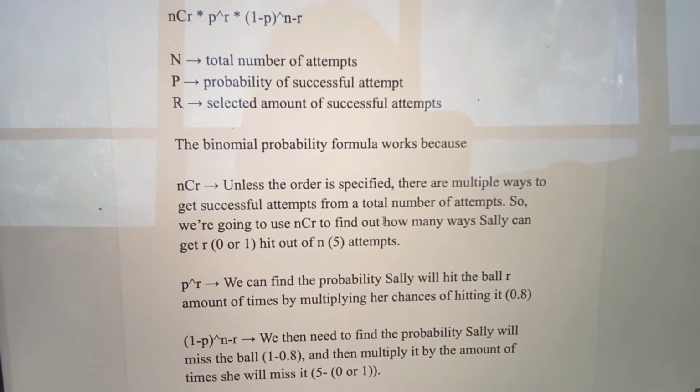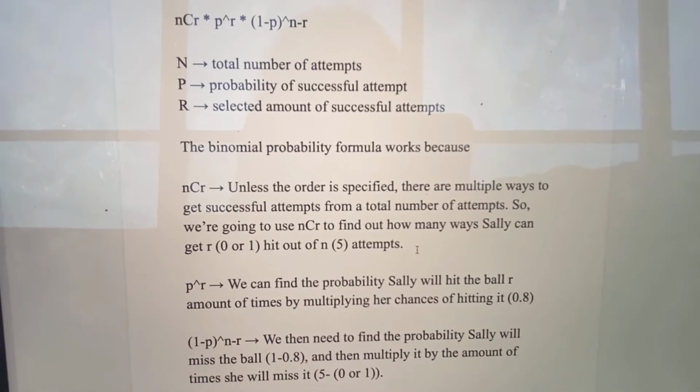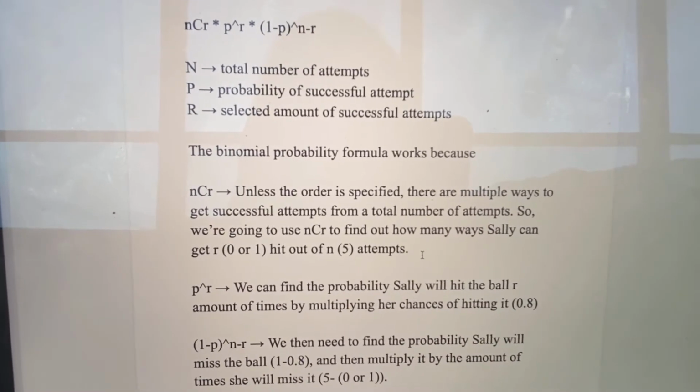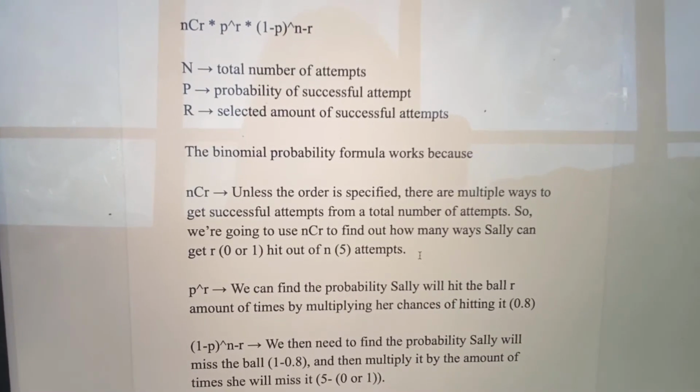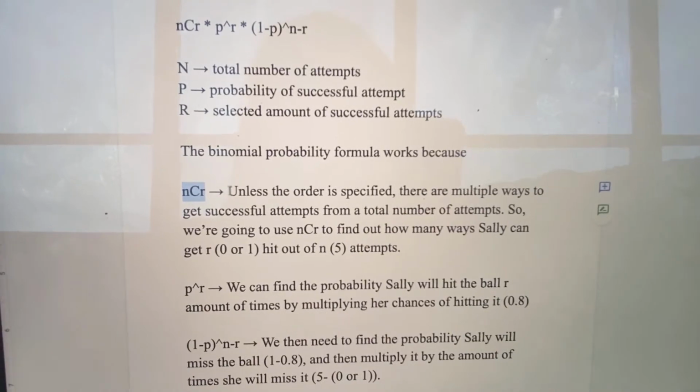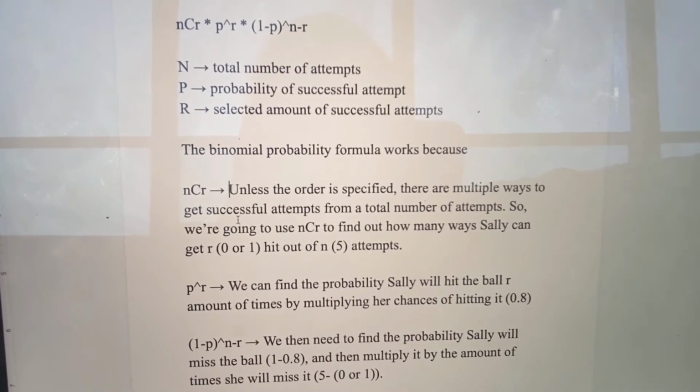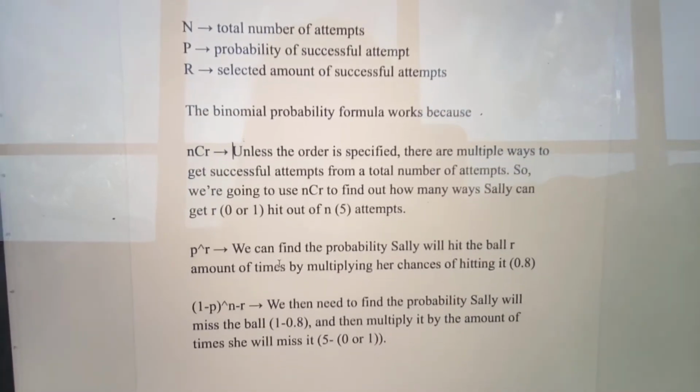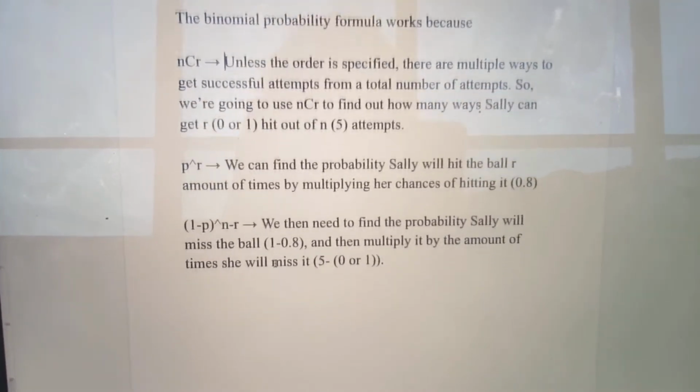So we're going to use nCr to find out how many ways Sally can get r, 0 or 1 hit, out of n, 5 attempts. That's why we include nCr in our formula, because there are multiple ways Sally can hit the ball, so we need to calculate that.